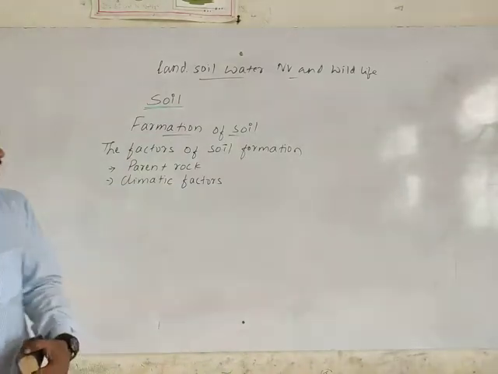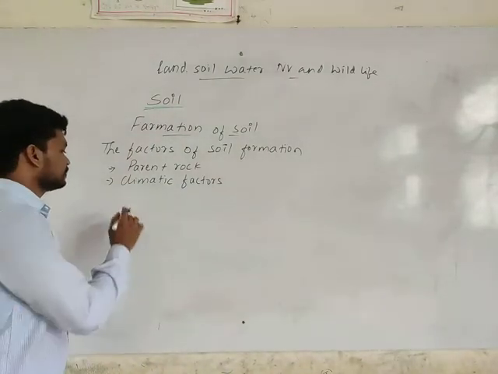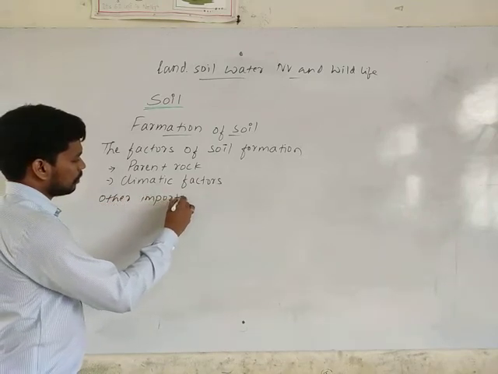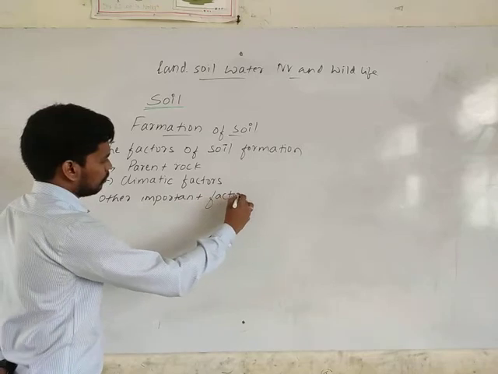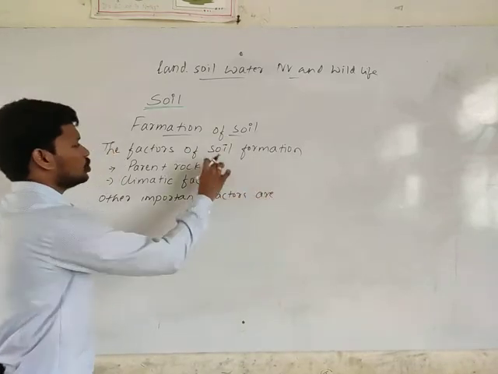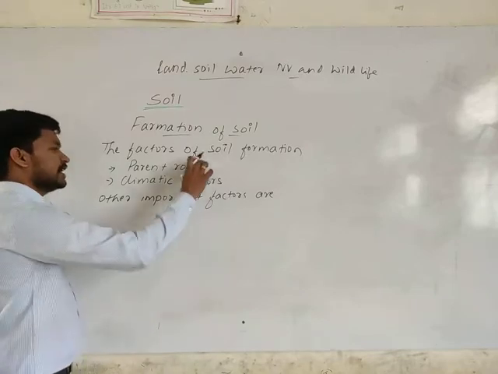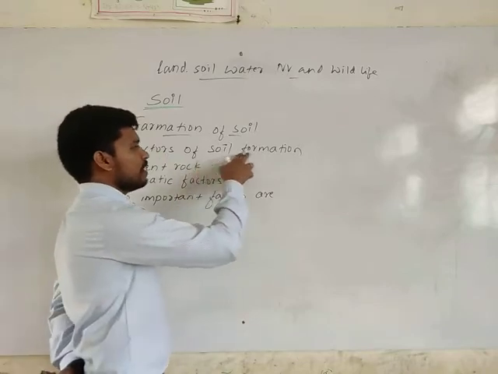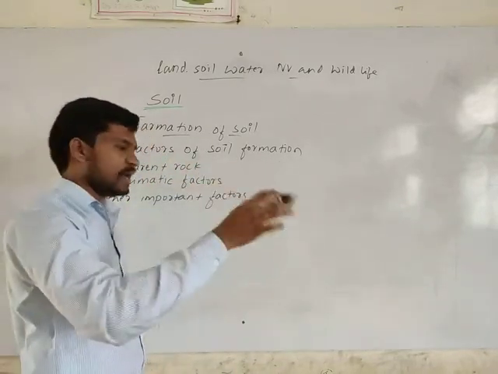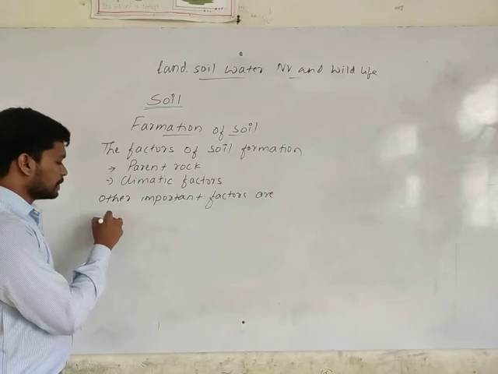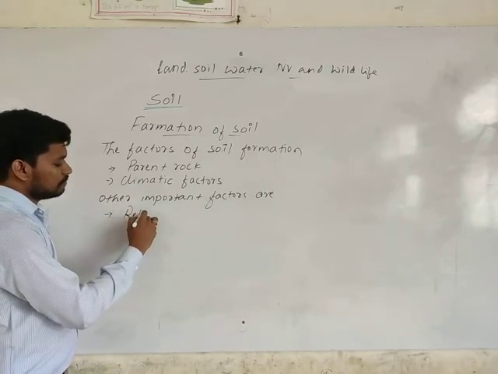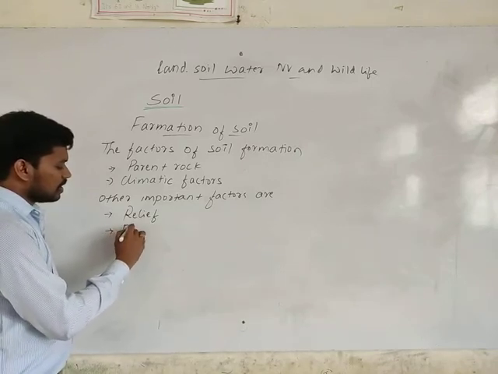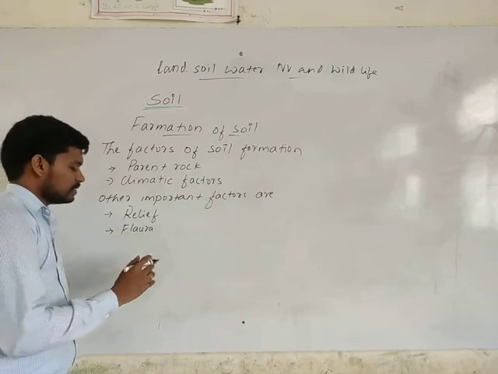Not only these two, there are other factors. These are the two main factors, parent rock and climatic factors. These are the two factors which form soil. Other than that, we have some more factors like relief, and flora and fauna.